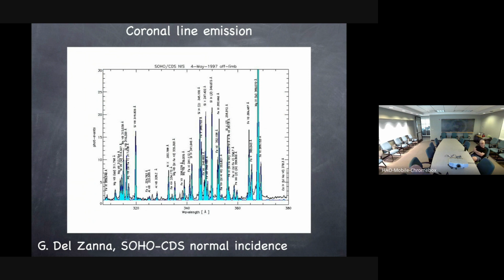They get more and more complicated. But what we see here is a typical spectrum of a region above the limb, and you can see that essentially the background radiation is almost zero, which is what I just said, but it's superposed with all these bright emission lines on it.